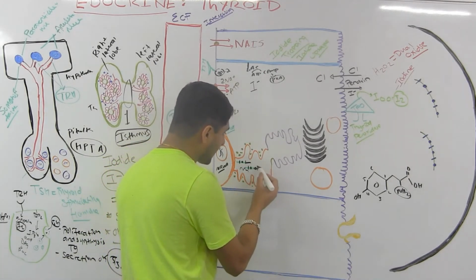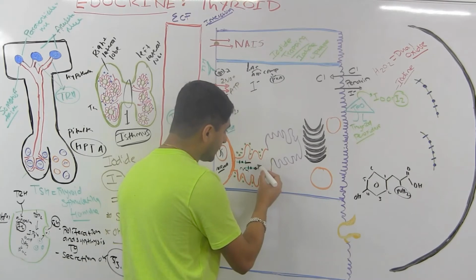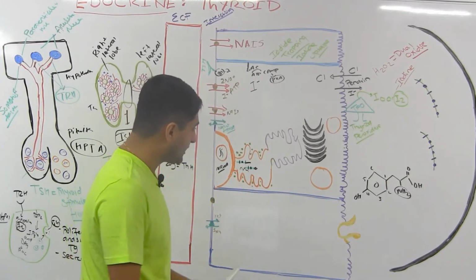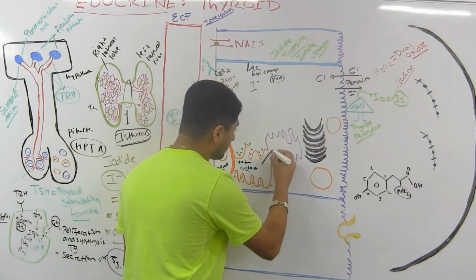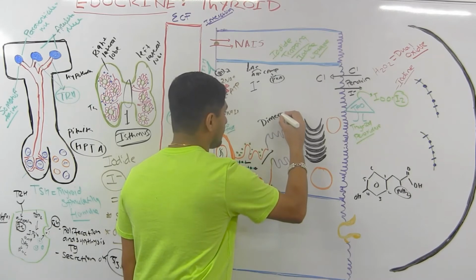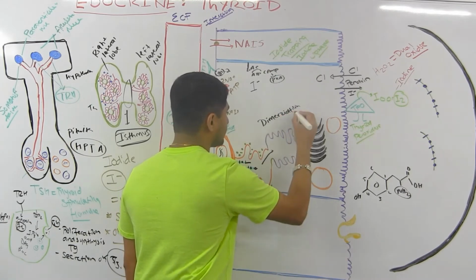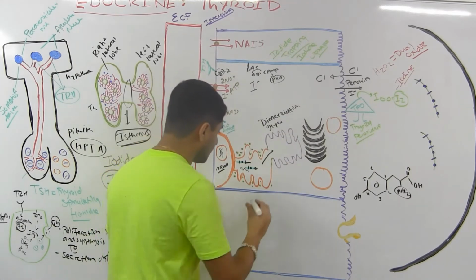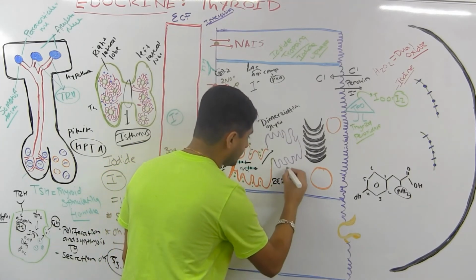This is also where dimerizations and glycosylations occur. Let's write it down: dimerizations and then glycosylations take place in the smooth part of the endoplasmic reticulum. Let's say this is rough ER and this is smooth ER.